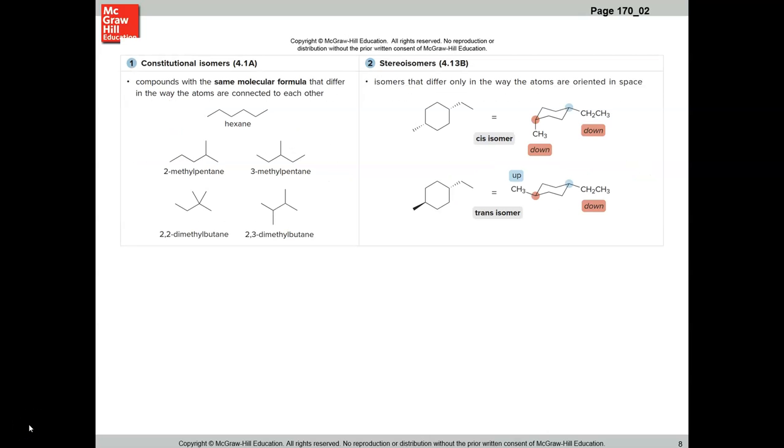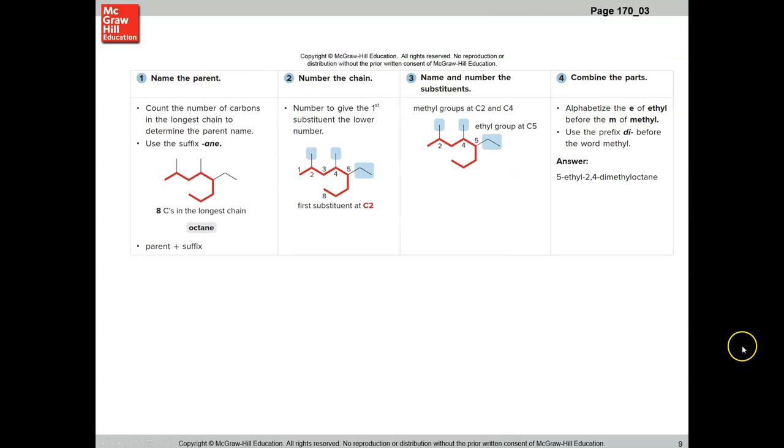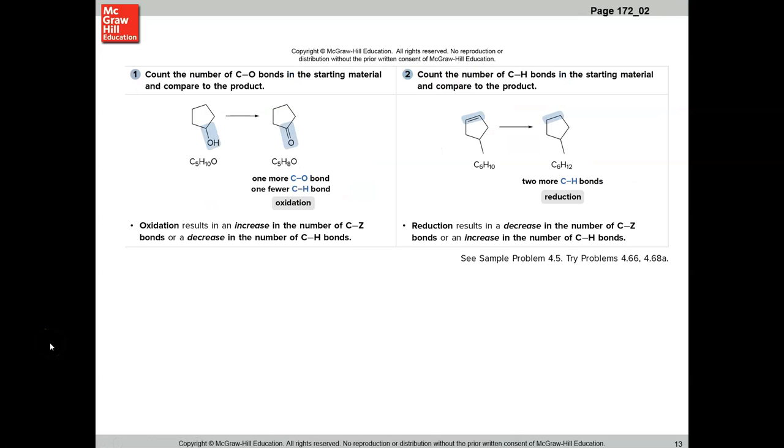We'll discuss the difference between constitutional isomers and stereoisomers, and we'll also start to discuss nomenclature, how to name these different alkane groups and how we get the names for these different elements. We will also discuss the concept of oxidation and reduction with these compounds.